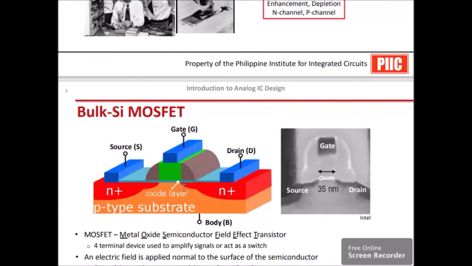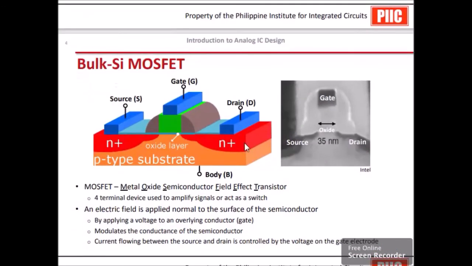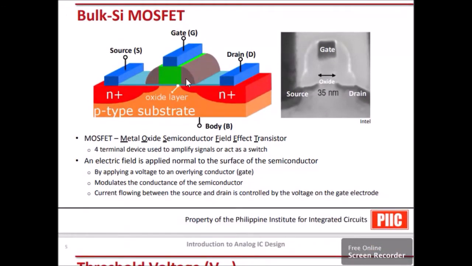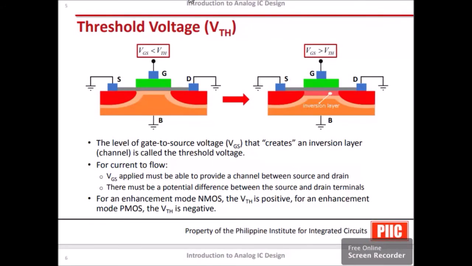Now if you could remember kanina, yung MOSFET natin is under siya sa insulated FETs. Insulated because itong gate natin, it doesn't really have a contact with the rest of your circuit kasi insulated siya. Ito yung insulation niya. Insulated yung ating gate from the rest of these terminals.